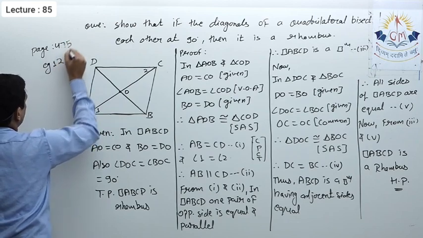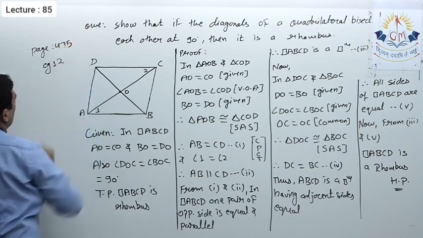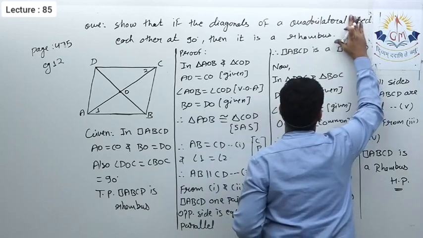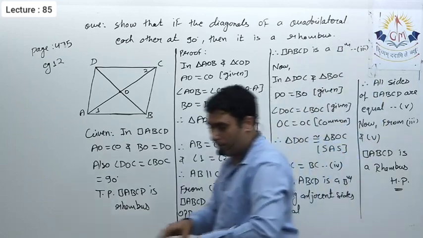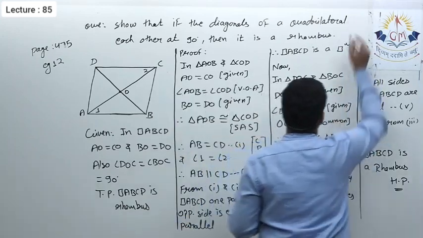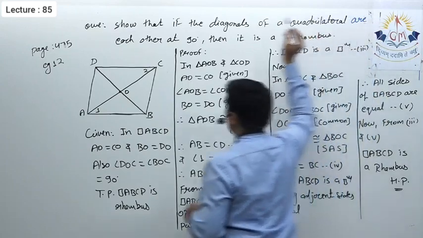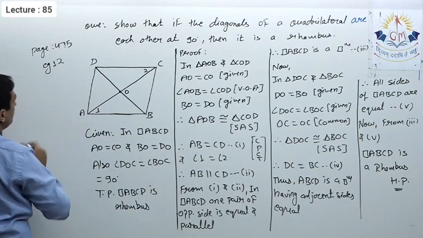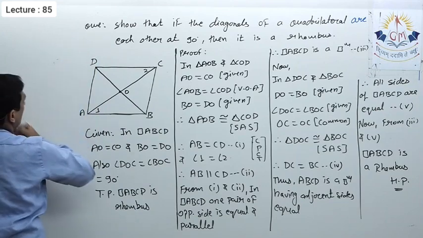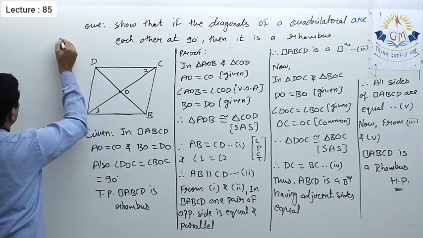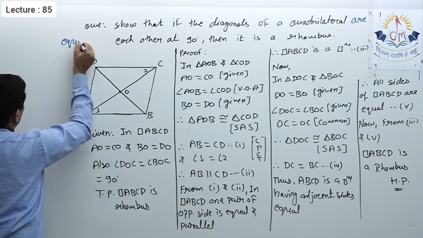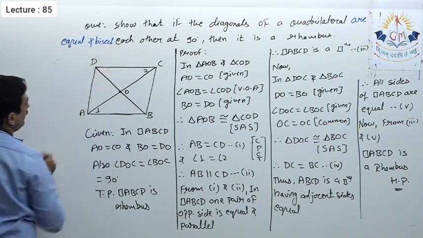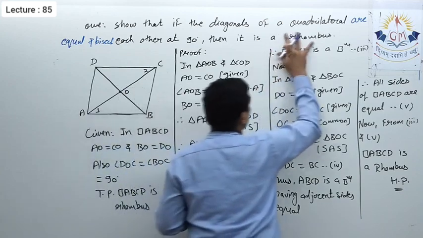Question number 12. What it says: show that if the diagonals of a quadrilateral are equal, I'm changing it over here only, are equal and bisect each other at 90 degrees, then it is a square.